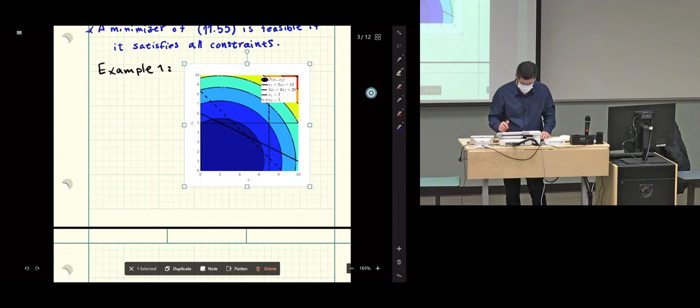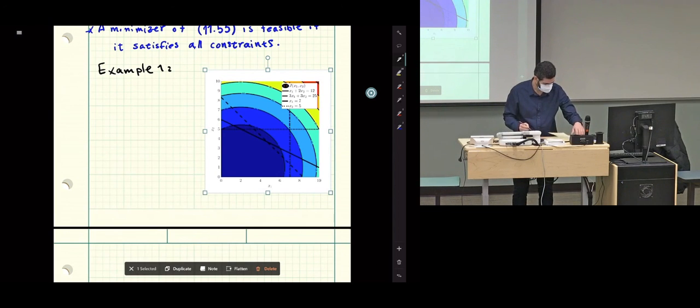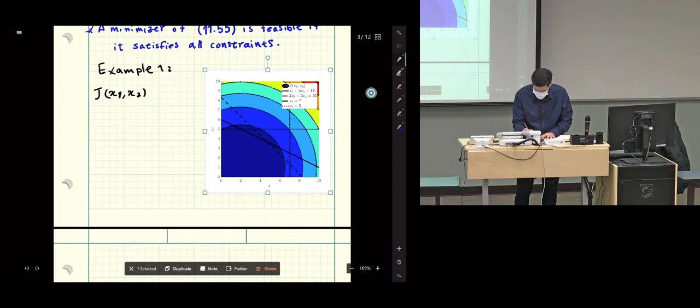Okay, very quickly, I'm just going to write the problem. We have a cost function of x1 and x2 that equals (x1 minus 2) squared plus (x2 minus 1) squared.